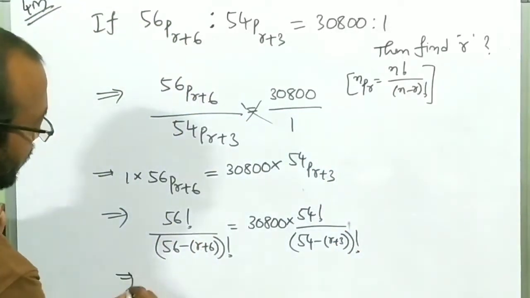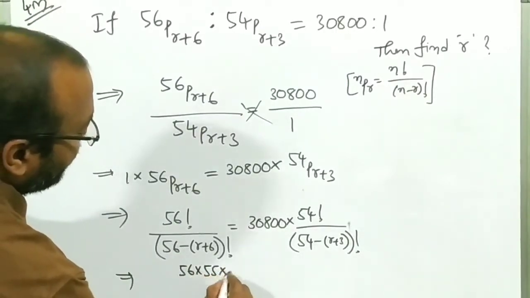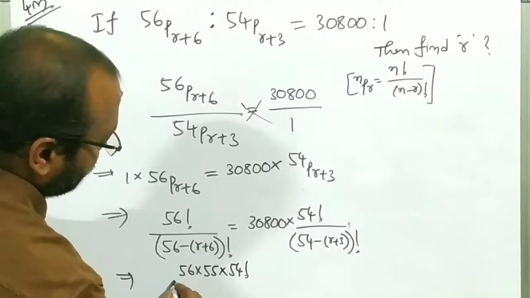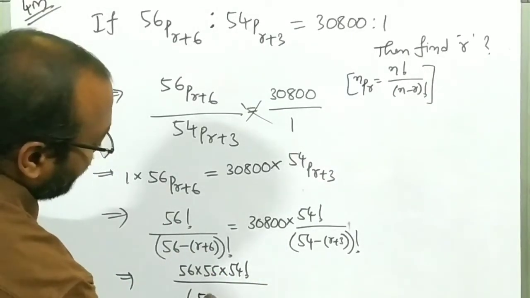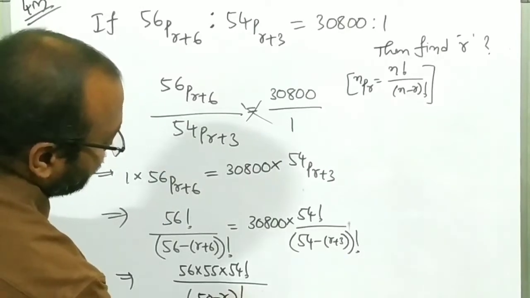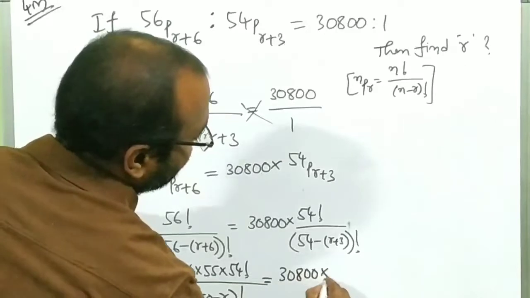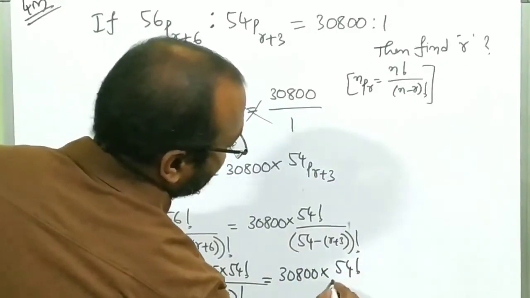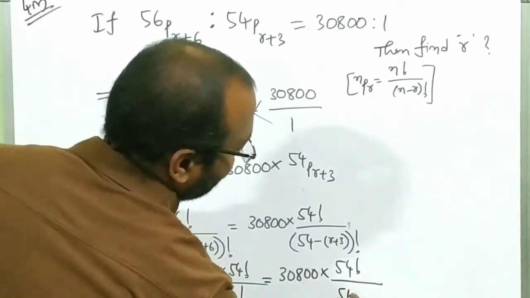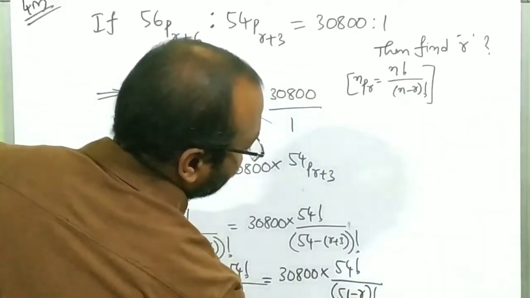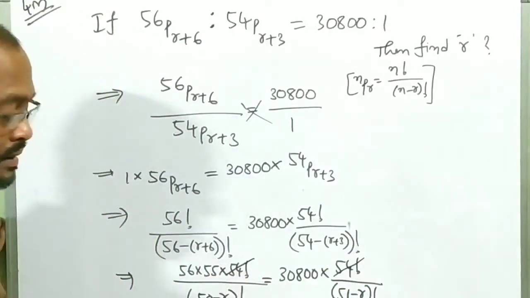Now 56 factorial can be written as 56 into 55 into 54 factorial, and 56 minus 6 is 50, so (50 minus r) factorial. This is equal to 30,800 into 54 factorial by, and 54 minus 3 is 51, (51 minus r) factorial. Now 54 factorial gets cancelled.